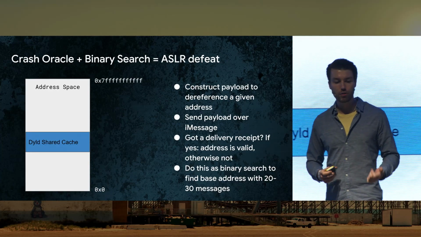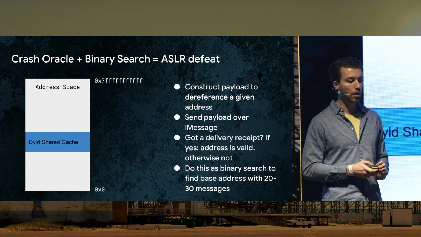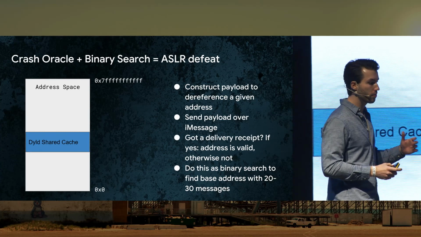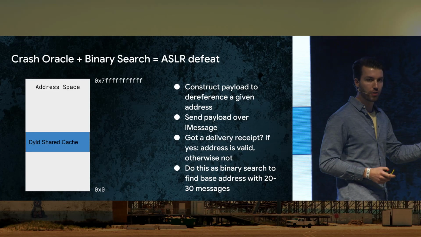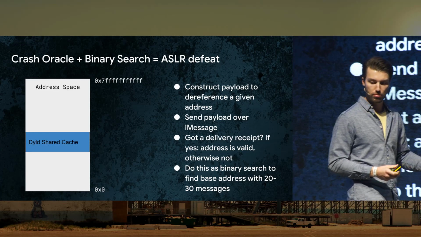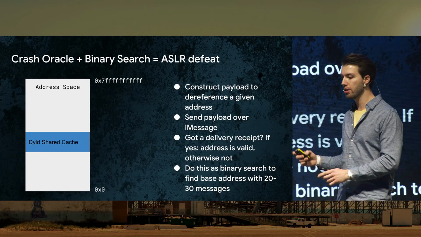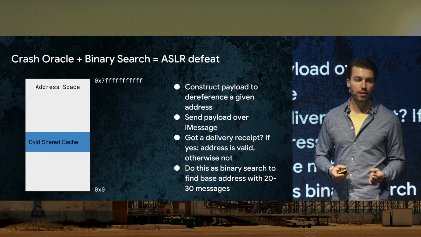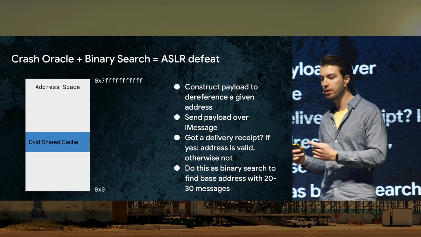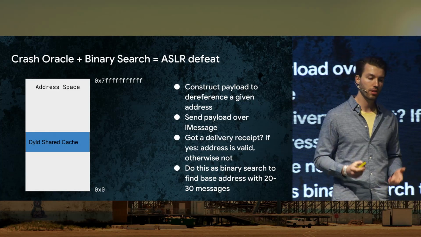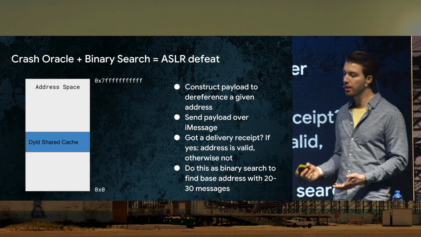We construct a payload from the memory corruption bug that just reads from some address that we tell it to, right? And we send this payload over iMessage to the target device, and then we check, did we get a delivery receipt or did we not? And if not, then the address was not valid, otherwise it's valid.